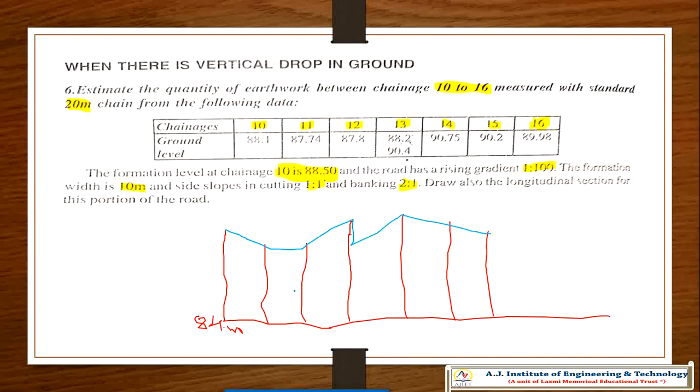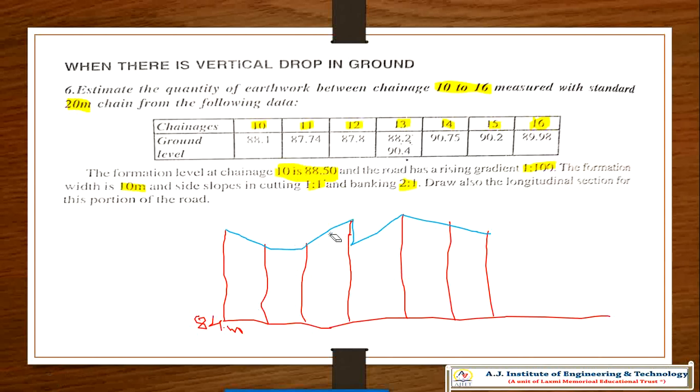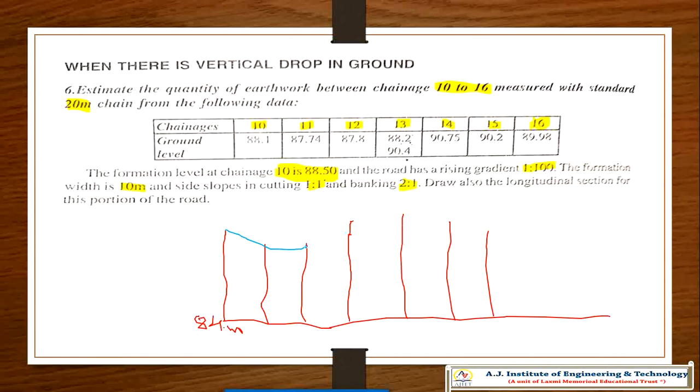this is called a sudden drop. Or else you can take another way also, because first it is 88, then after that 98, so it will be like this. Sudden rise or sudden drop, like this.